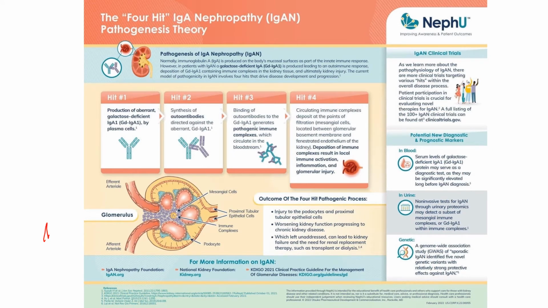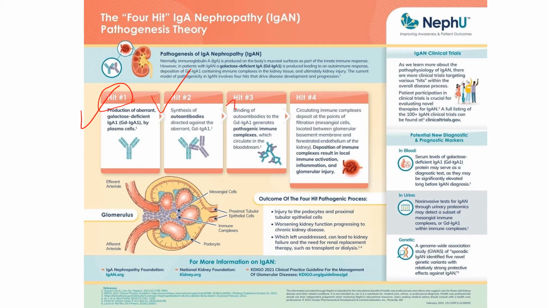Let's see the overall picture of IgA nephropathy and how IgA will be accumulated in the kidney. At first, hit one, as I said, there is abnormal under-glycosylated IgA. So the IgA now is abnormal, a self-antigen that will be attacked by antibodies, autoantibodies.